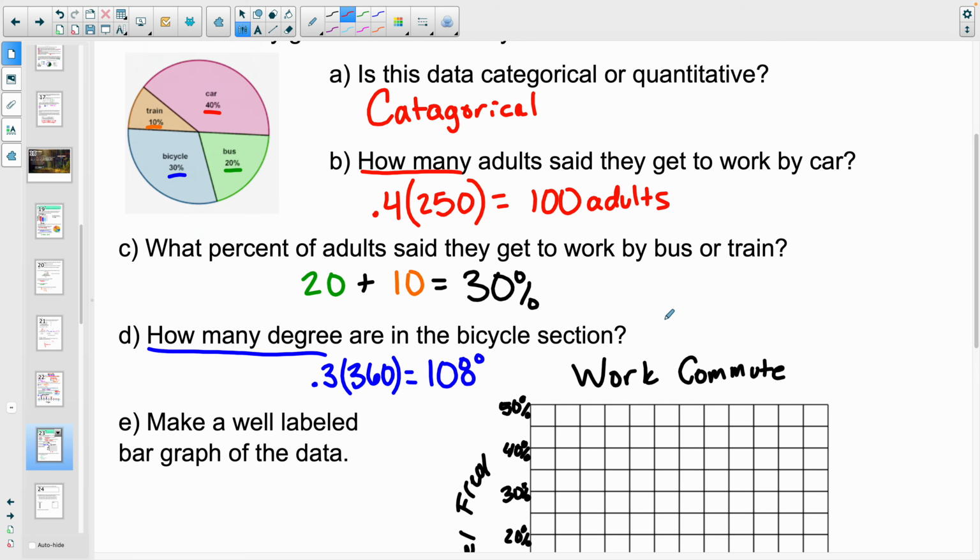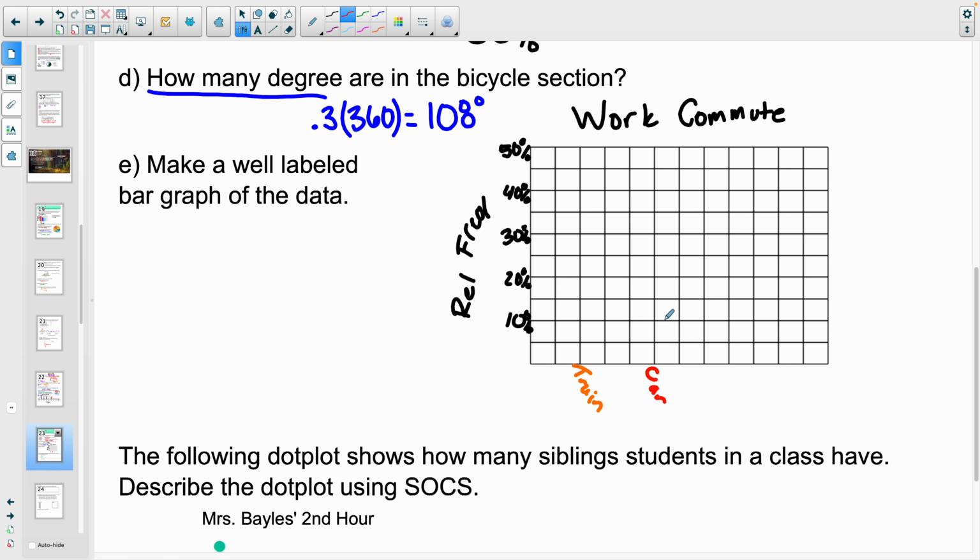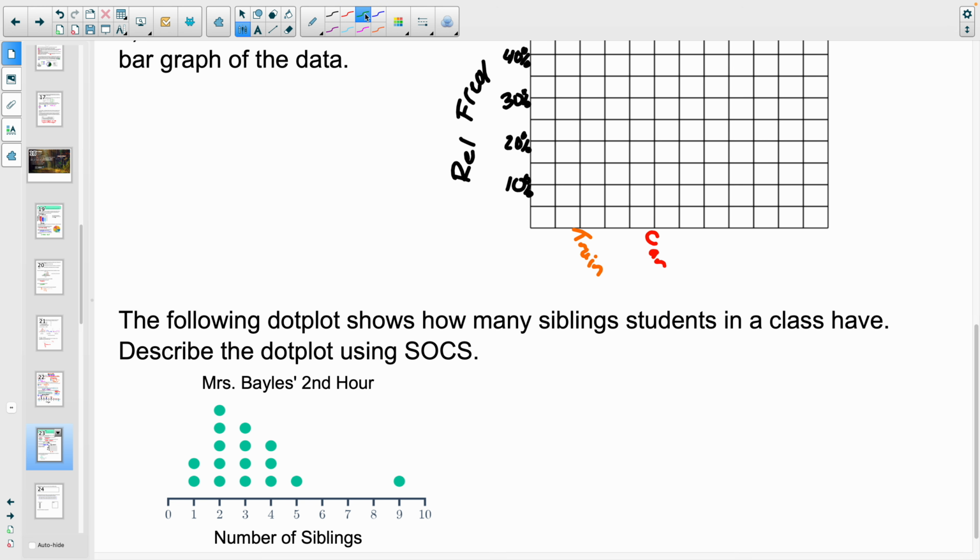And bus and bicycle, so the bus being green and bicycle being blue. Bus will be green and bike will be blue. And we can call these modes of transportation or just method. I'm going to go with method because it's shorter. So the method of transportation is train, car, bus, or bike.